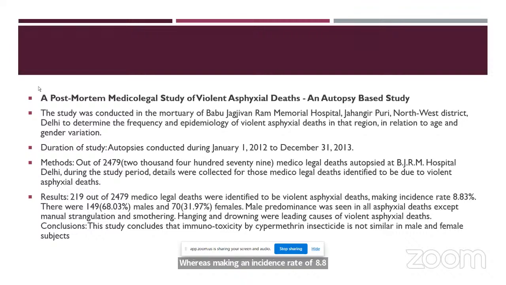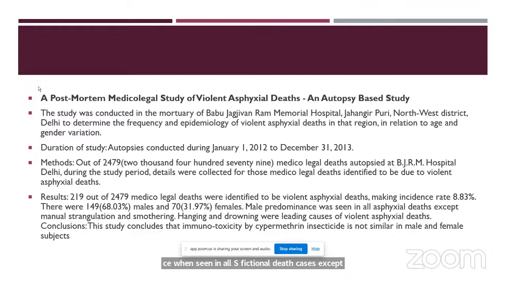8.83%. There were 149 males and 70 females. Here again, male predominance is seen in all asphyxial death cases, except manual strangulation and smothering.